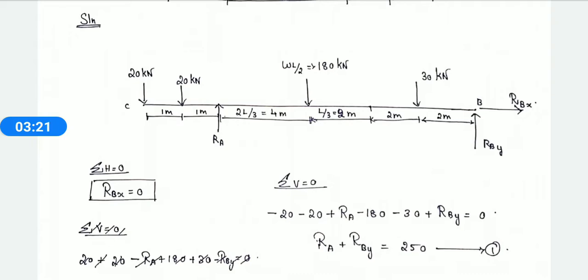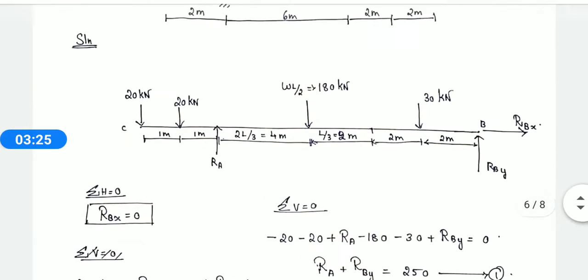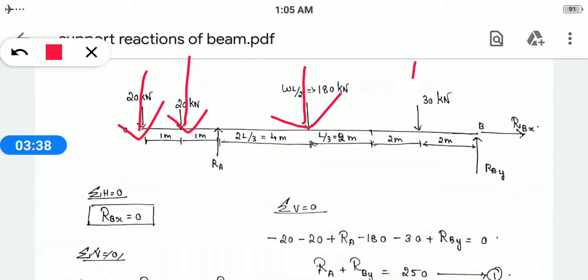When you consider vertical forces, how many vertical forces are acting in this sum? 20 acting from top to bottom, that is negative. 180 is also in the negative direction, 30 is also in the negative direction. Ra and Rby are in the positive direction.